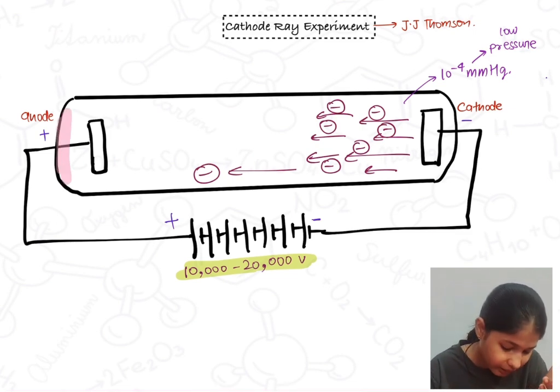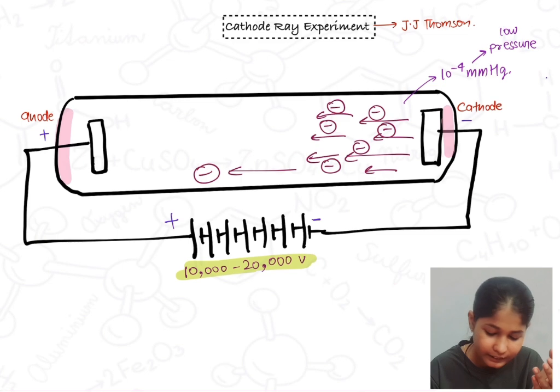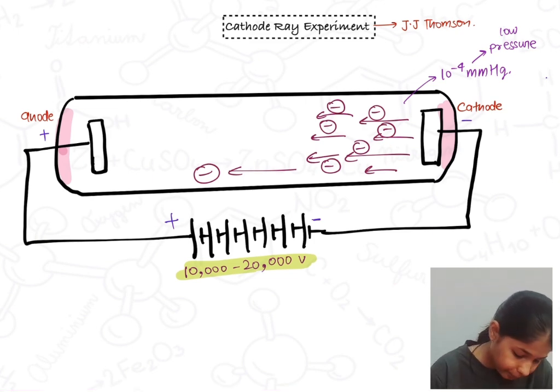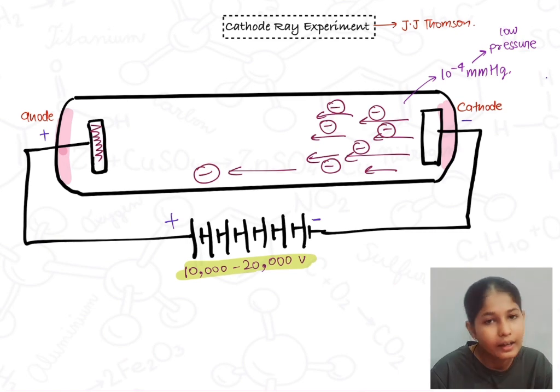First of all, let me tell you that he has used a fluorescent screen on both sides of the cathode and anode. So how do they know that it is negatively charged? Because it was attracted towards the anode.